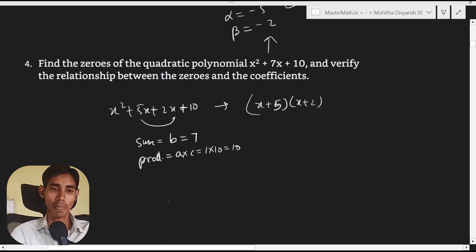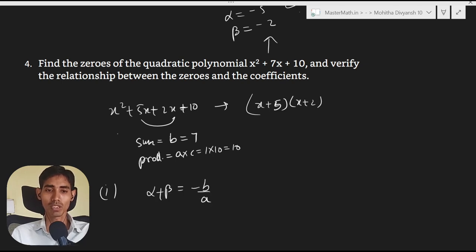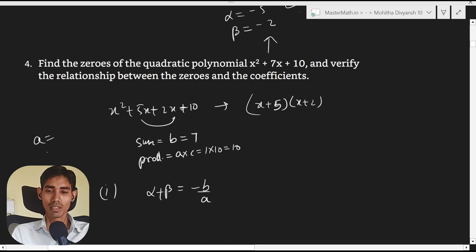Now what's the relationship between these? So alpha plus beta, the sum of zeros, is minus b by a. So what are the ABC values, the coefficients of this quadratic polynomial?